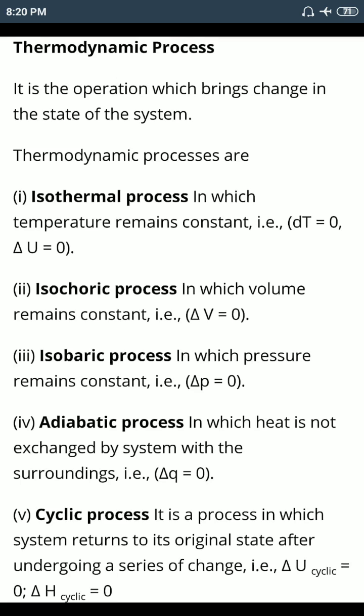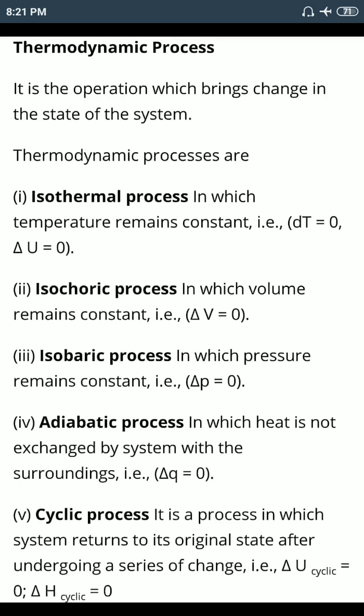Isothermal process means temperature is constant. In a thermodynamic process where the temperature is constant, that is called isothermal. Thermal means temperature. Second is the isochoric process. Choric means volume. In this process, volume is constant, delta V equals 0.